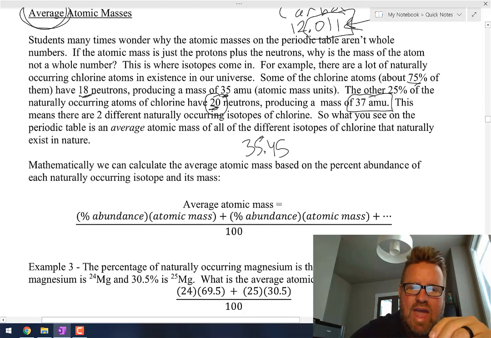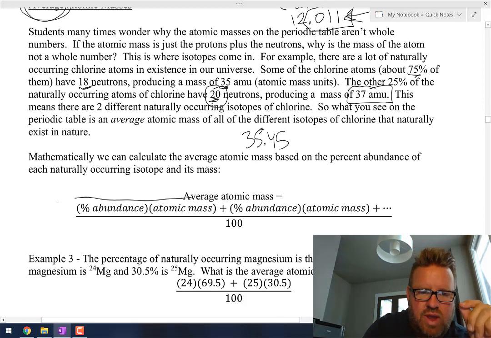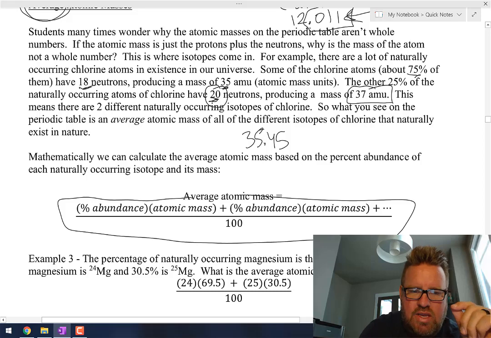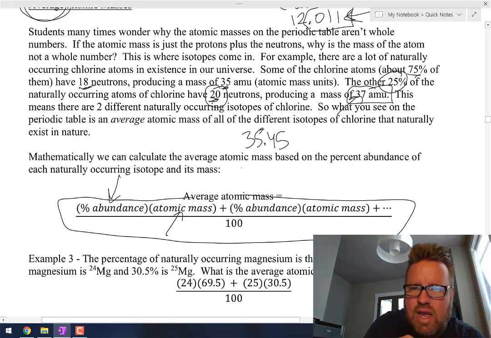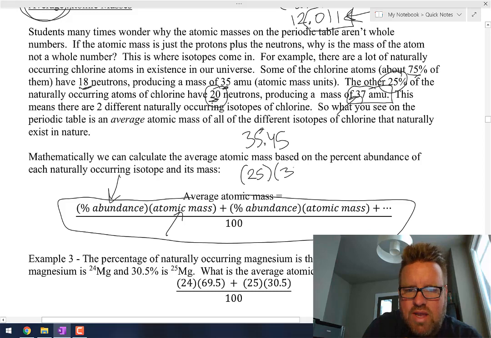Okay, well, what do you mean the average? Well, you use this equation right here. You take the percent abundance, so in this case it'd be the 25%, and you times it by its mass. So that would be a mass of 37. Okay, so I would take 25%, so I take 25, and write this down, might be good practice, times 37.